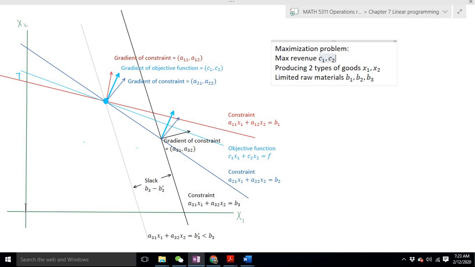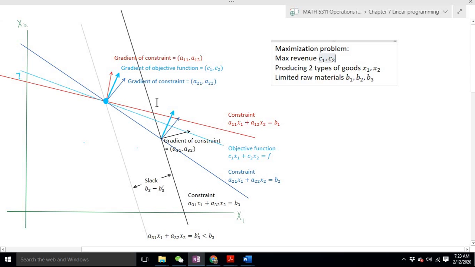Now, we also have a revenue, and that's what we want to maximize. And the revenue is given by C1x1 plus C2x2. C1 is the revenue per unit x1, and C2 is the revenue per unit x2. I can also draw that as a line. So take a look at how these lines are situated relative to each other.